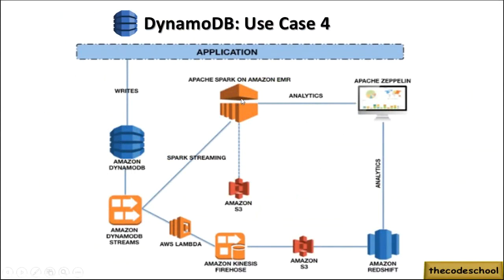So it helps to create the MapReduce functions, and once the MapReduce function applies, the data outcome can be taken as analytics to plot the charts using the Zeppelin in the Zeppelin notebook, right? So this is one of the use cases which is common in analytics basically.